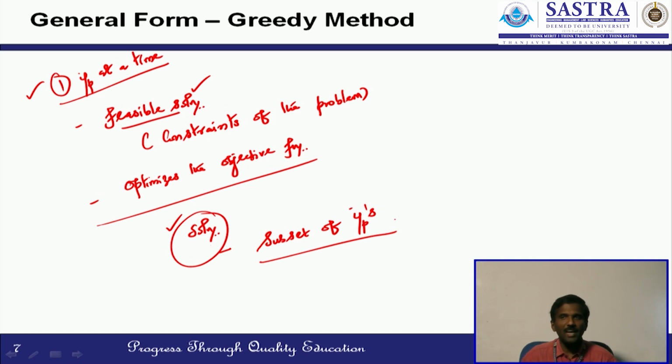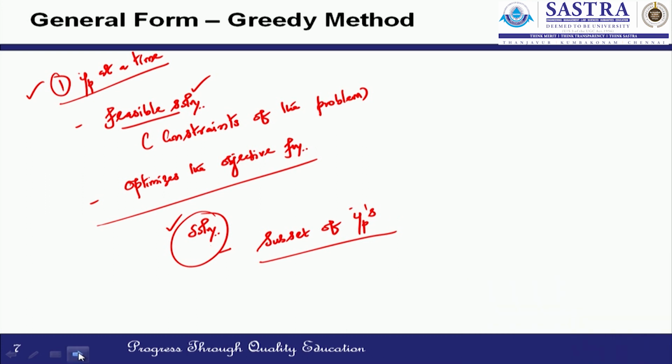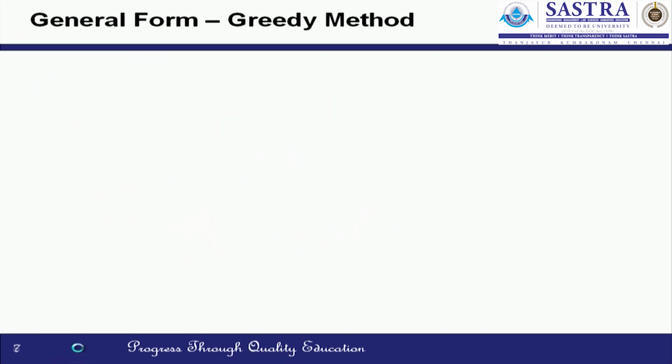So whenever we have a solution, that solution is viewed as the subset of inputs of the given problem, at that stage greedy method is applicable. Greedy method is applicable to find out the better solution or to find out the exact solution. Now first let's see the general form of a greedy method.